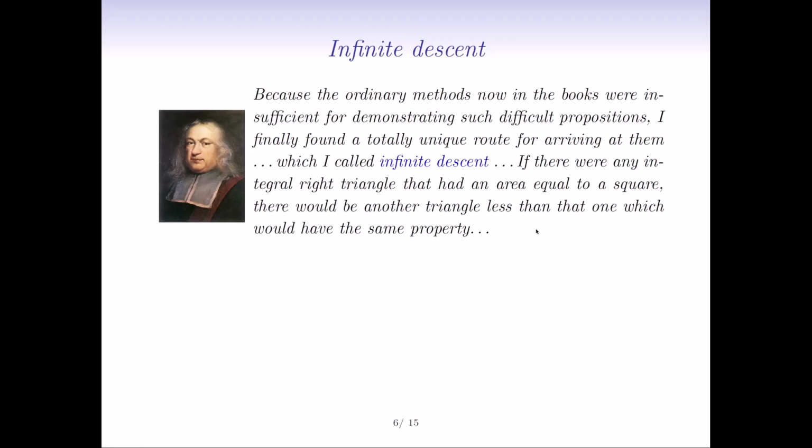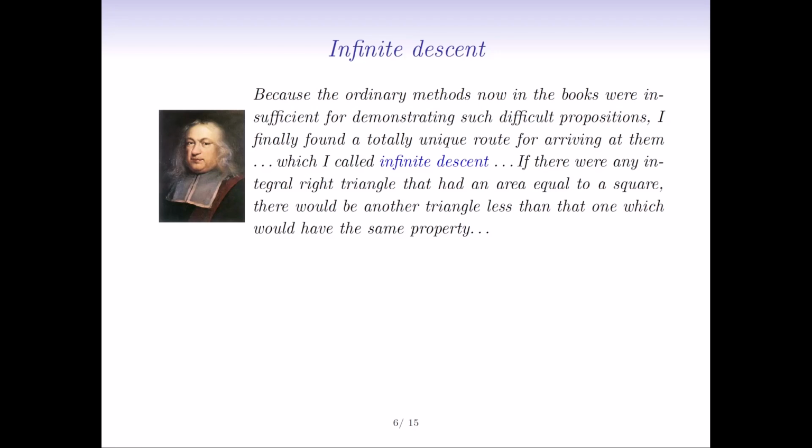This is an example he gives of an argument by infinite descent. "If there were any integral right triangle that had an area equal to a square, there would be another triangle less than that one which would have the same property." Now here, when he says integral, he means that the sides of the triangle have integer length, and by a right triangle he means a right-angled triangle.